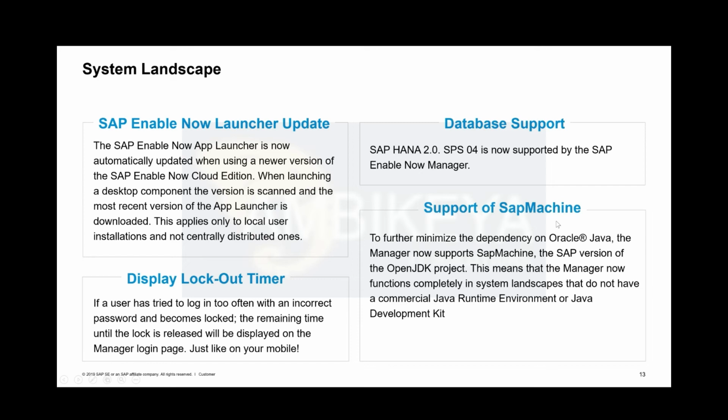That means the open Java project from SAP, downloadable via GitHub, for instance, called SAP Machine, is supported by the Manager server application now. We just realized yesterday that this information did not end up in the system requirements documents.